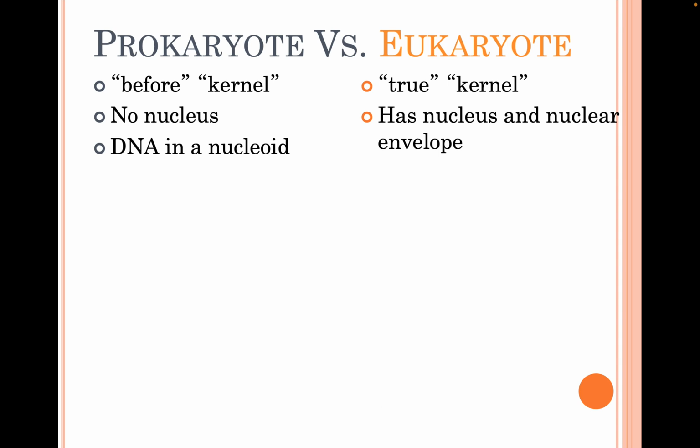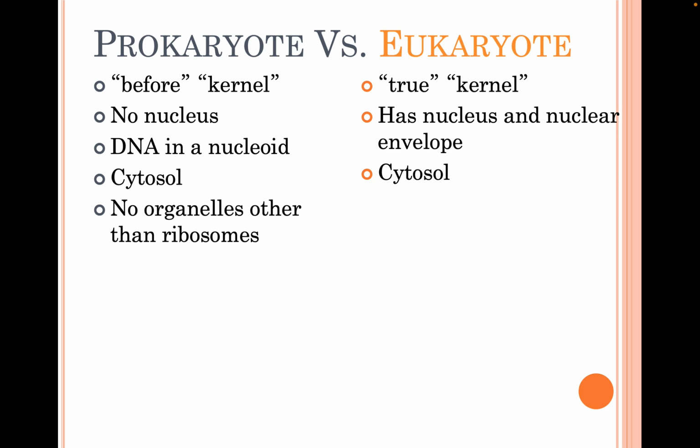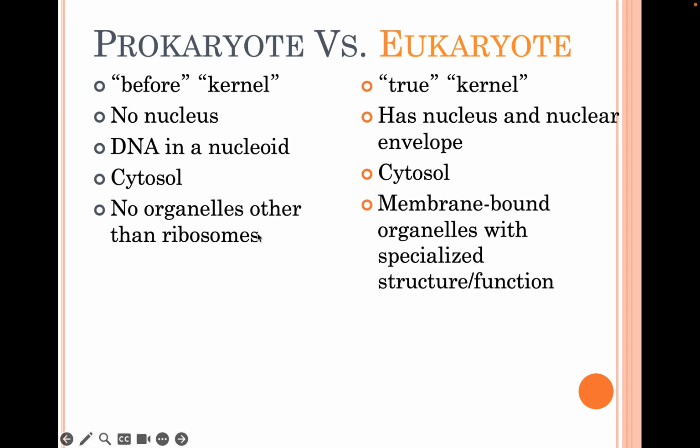Eukaryotic cells, however, have a nucleus with a membrane, the nuclear envelope. Prokaryotic cells are filled with cytosol or cytoplasm. So are eukaryotic cells. There are no organelles in a prokaryotic cell other than ribosomes. Eukaryotic cells have membrane-bound organelles with specialized structure and function. Prokaryotes are small in size.